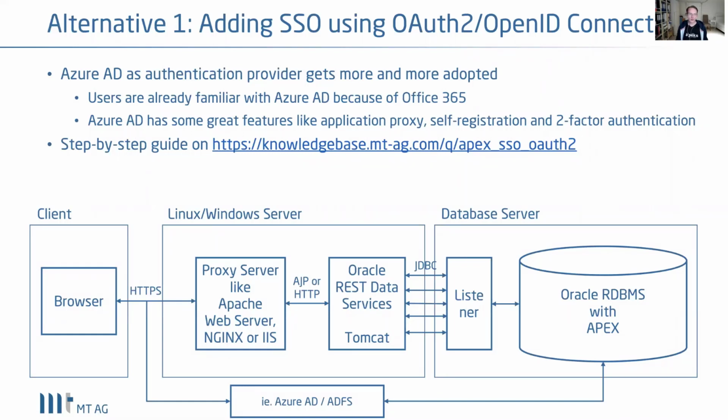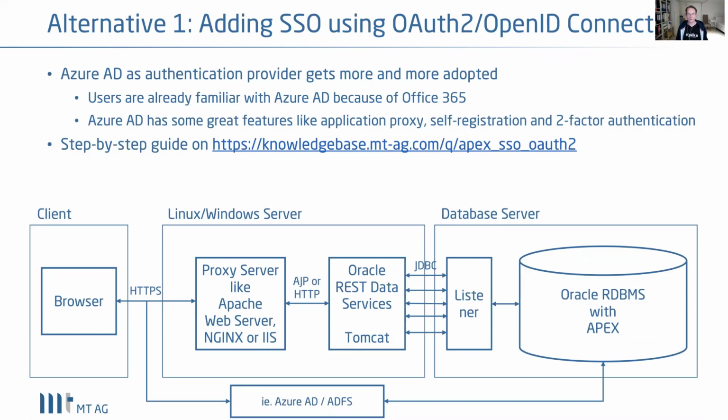Basically how it works is you have a request coming from the browser that goes to Apex, and Apex says, oh, you don't have a session ID yet, because for a proper session you need a session ID and a session cookie. So Apex redirects the user to Azure AD. At Azure AD, the user is logged on, and an authorization code is redirected back to the Apex environment.